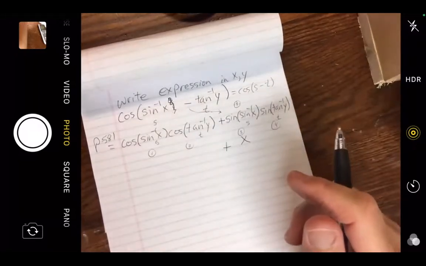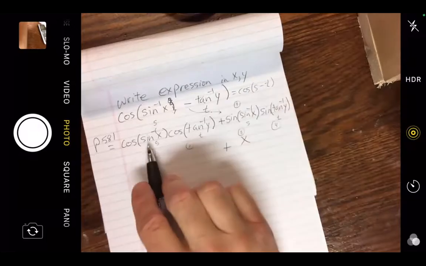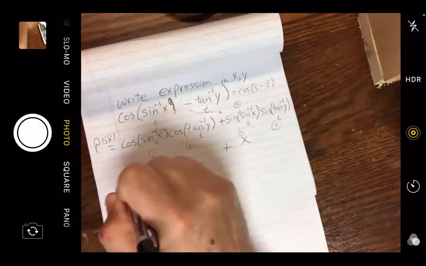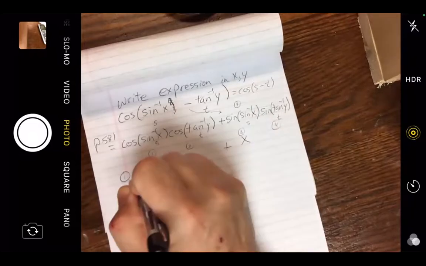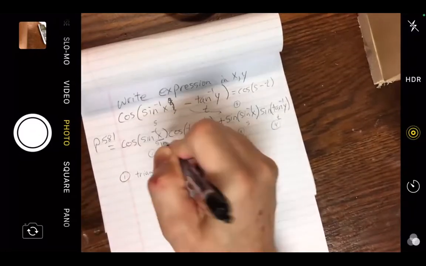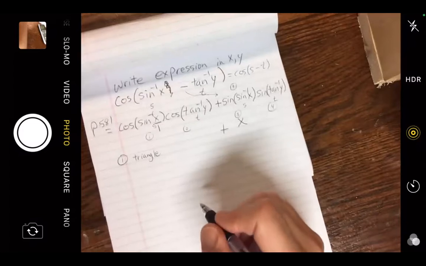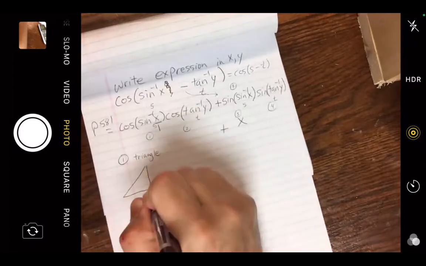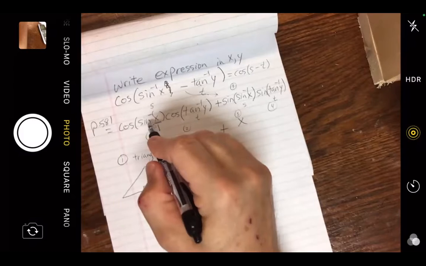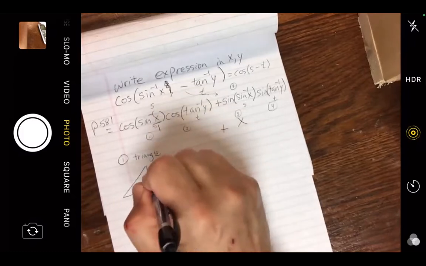So I'm going to need two triangles, one for piece one here. So you want to label this piece one triangle. Stick this over one. When you work out a triangle for it, sine goes opposite over hypotenuse.